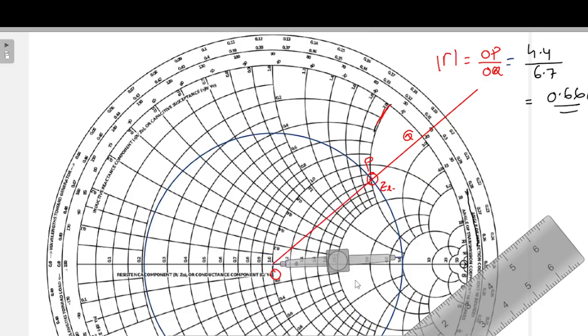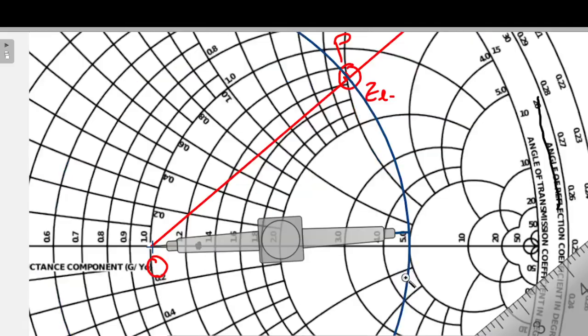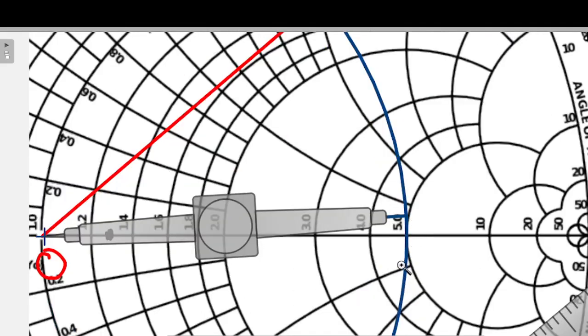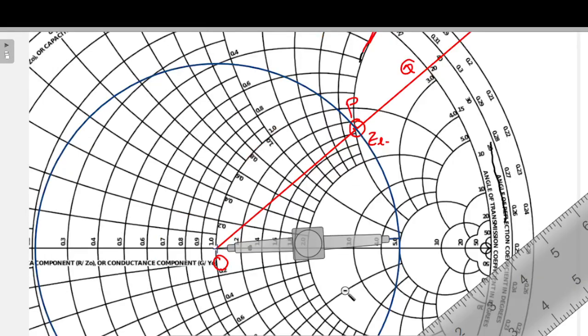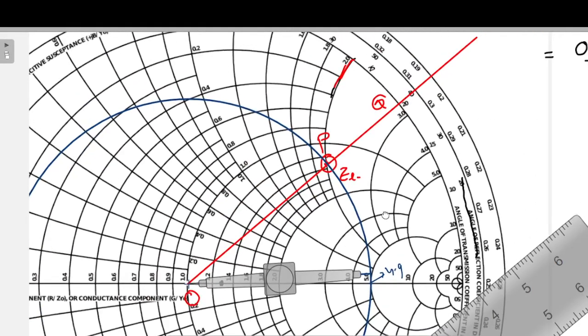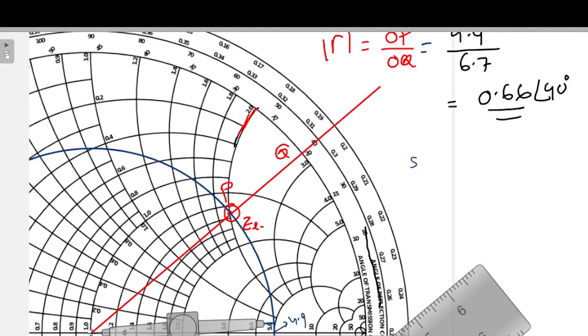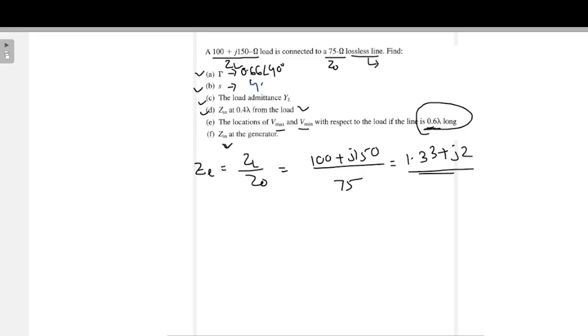Wherever this circle crosses this middle line, that is your VSWR point. Here it is crossing between 4 and 5, but it is not exactly going through 5, so I can take this point as 4.9. So the SWR value S equals 4.9. The second answer is that the SWR value is 4.9.